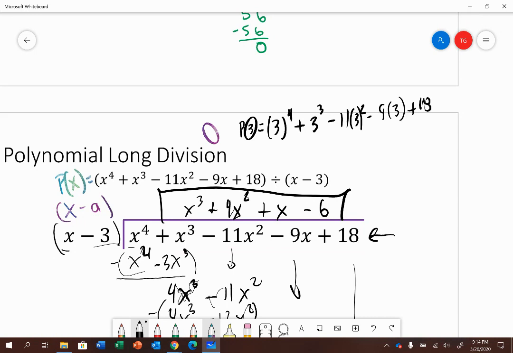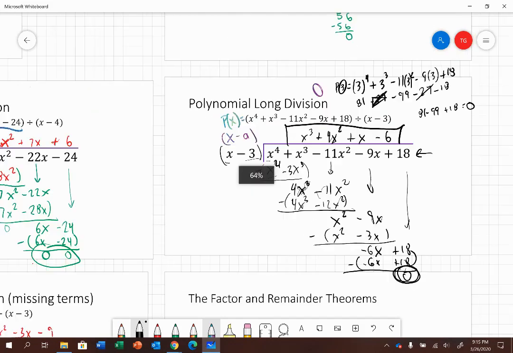So 3 to the 4th is 81, plus 27 is 3 cubed, minus 3 squared is 9 times 11, so minus 99, minus 9 times 3, which is 27, minus 18. So 27 and 27, we've got 81 minus 99 is equal to 0. So p of 3 is 0. That's what we expect based on the factor theorem.